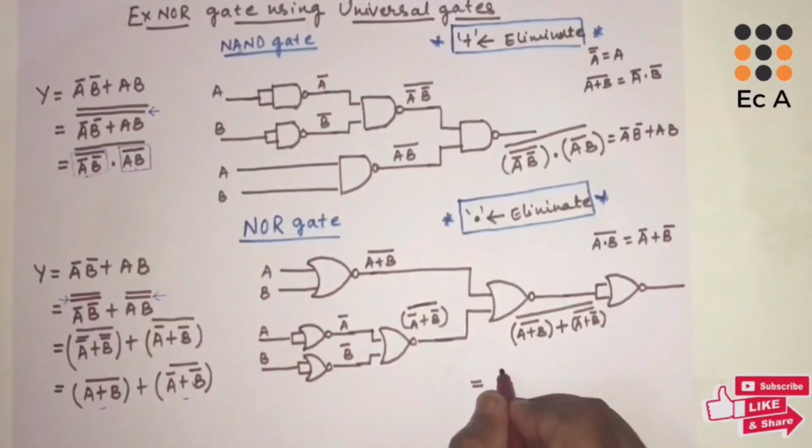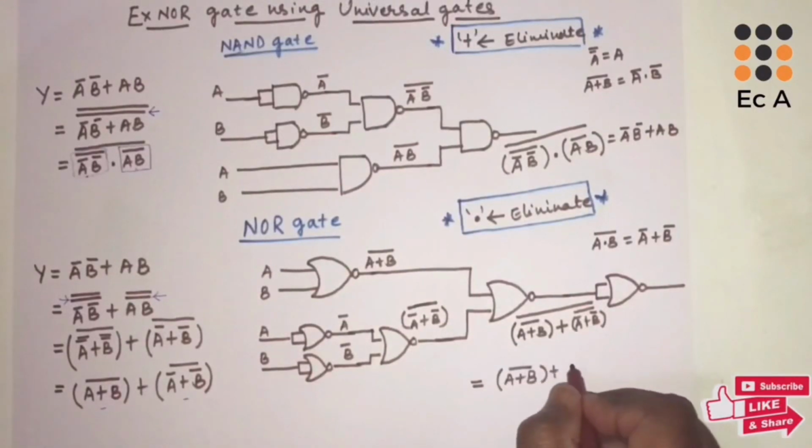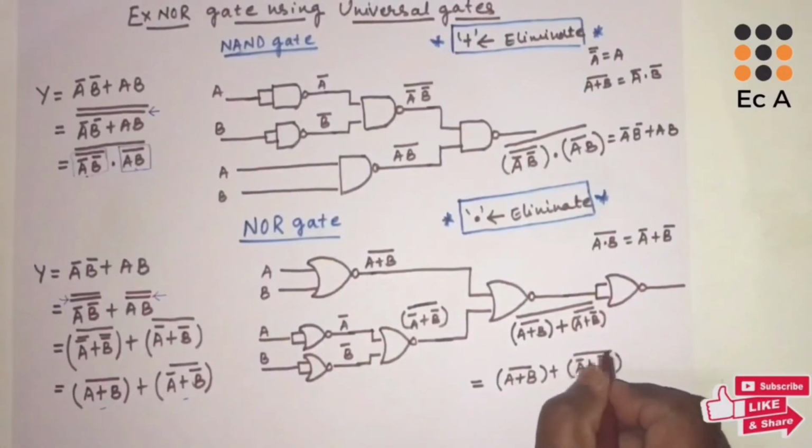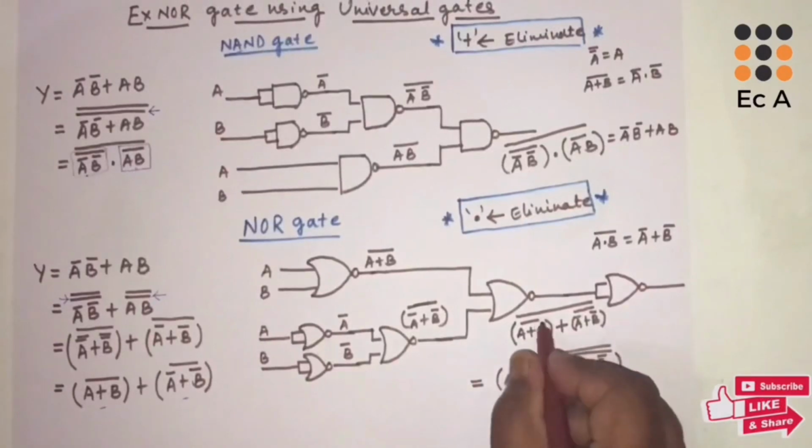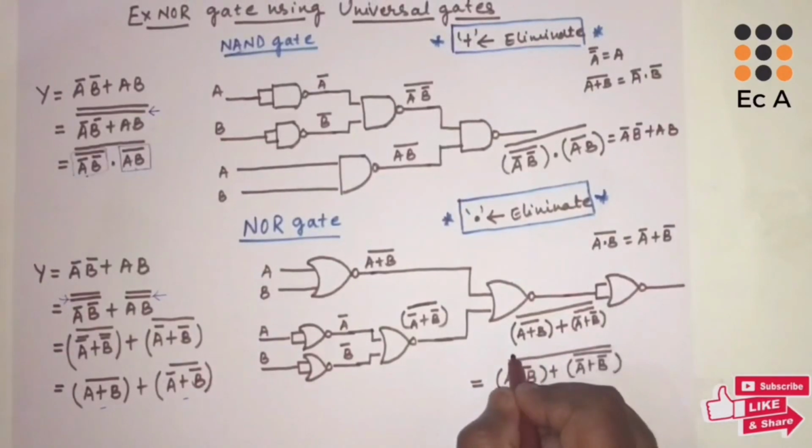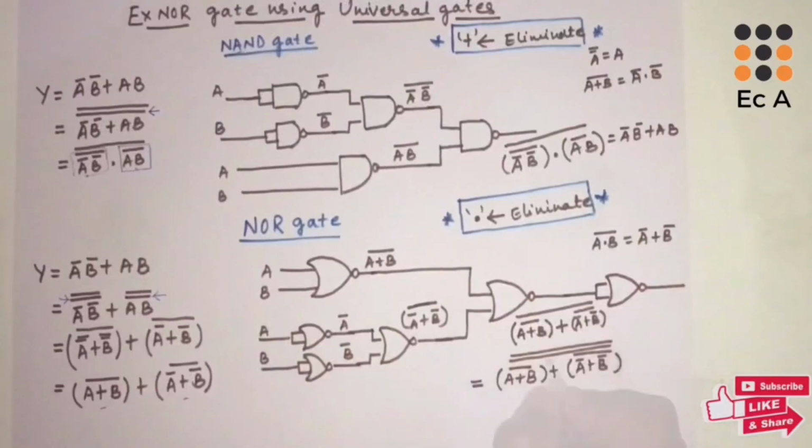So this will be (A plus B) whole bar plus (A bar plus B bar) whole bar, and due to this NOT gate we will get one more bar. These two whole bars will cancel out.